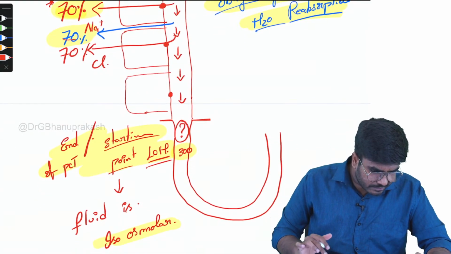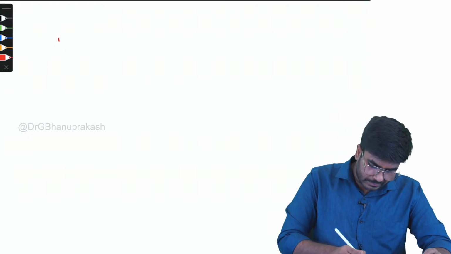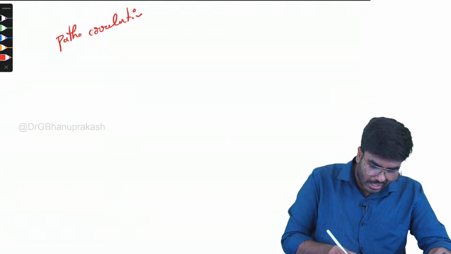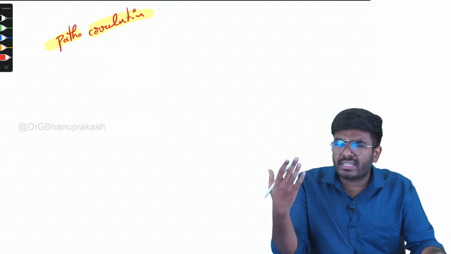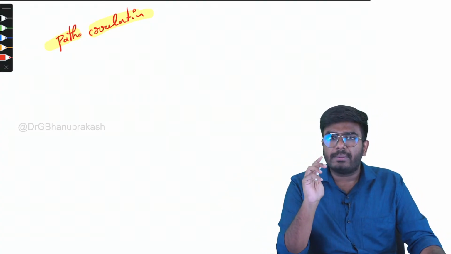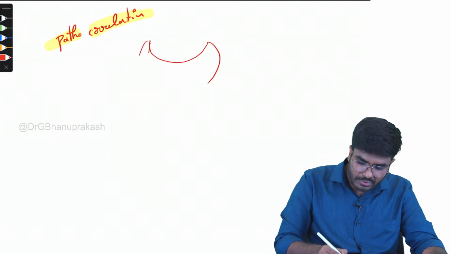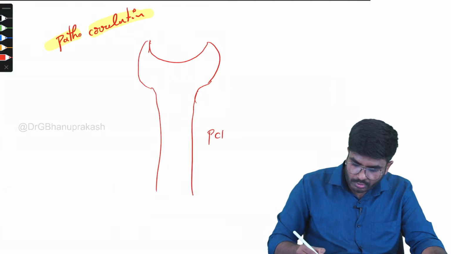Okay. Now, after this, let's talk some pathocorrelation. Those who are studying second, third, fourth year pathology, you just tell me, sir, there was this one condition where, here I am showing you the Bowman's capsule. Here is the proximal convoluted tubule.